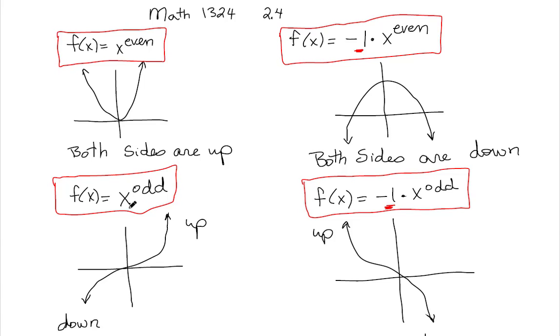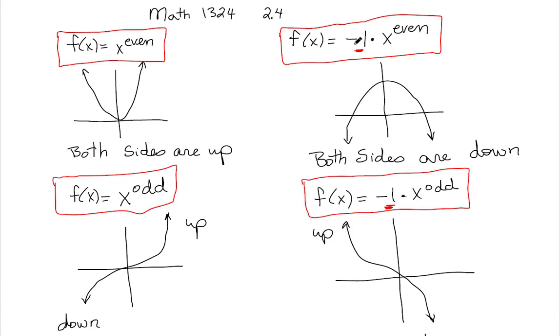If it is x to an odd power, x to the 1, x to the 3, x to the 5, x to the 101, it essentially looks like x cubed, where the left side is down and the right side is up.